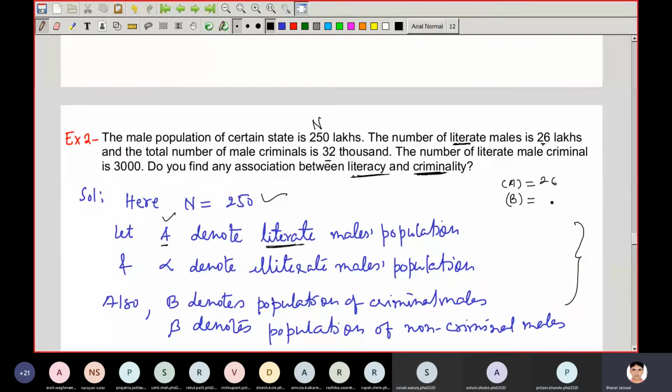लाख में लिखना है तो कितना हो गए? 0.32. Okay. फिर कहता है द नंबर ऑफ लिटरेट मेल क्रिमिनल। लिटरेट मींस A, क्रिमिनल मींस B, इट मींस इट इज गिवन AB। गेटिंग ना व्हाट आई एम सेइंग? लिटरेट मेल क्रिमिनल्स, ऐसे मेल जो क्रिमिनल हैं, मतलब दोनों एट्रीब्यूट रखते हैं, मतलब AB, और इसको क्या लिखा जाएगा? दिस इज 3000, इट इज रिटन एज 0.03। गेटिंग?